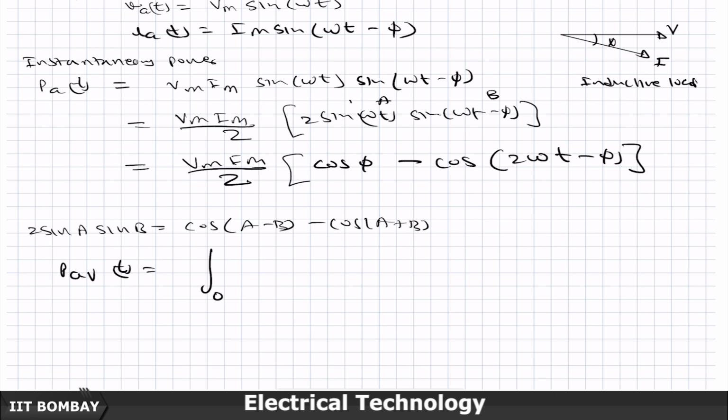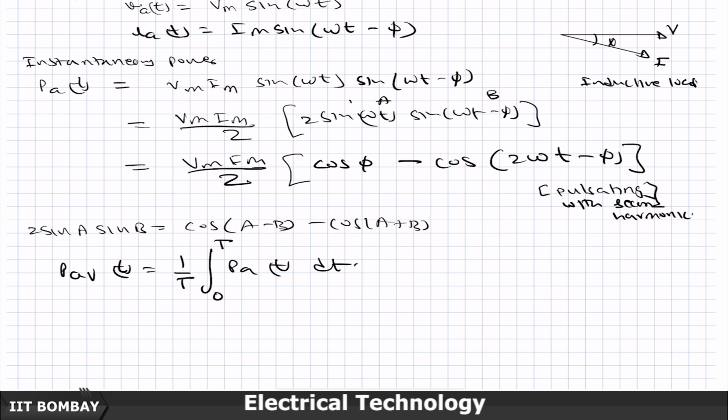Now, we took the average power of this. If you recall, we said this is 1 by time period of PA of t, because why did we look at the average power? We looked at average power because the instantaneous power is pulsating with second harmonic.